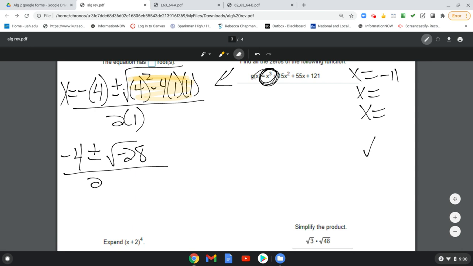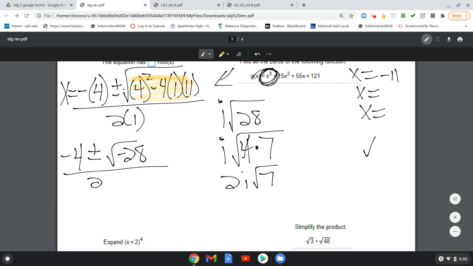So I have the square root of 28. The perfect square factor of 28 would be 4. The non-perfect square would be 7. You can take the square root of 4, but you cannot take the square root of 7. So this becomes negative 4 plus or minus 2i square root of 7 all over 2.